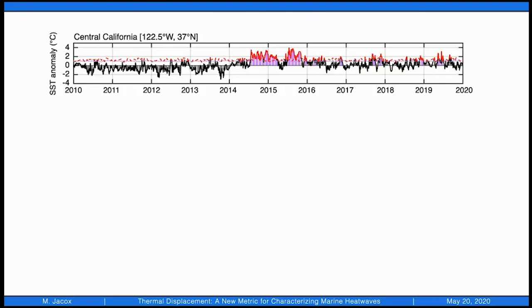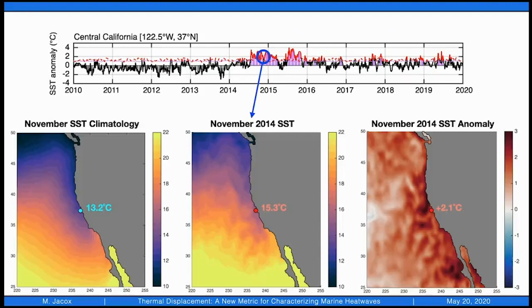Okay, so the basic idea here, I'll just walk through the methodology of calculating what I'm calling thermal displacement. So you have a location here, and you have a time series, and for any time when you've got a marine heat wave, here I'm choosing November of 2014, you can look at the SST field spatially.